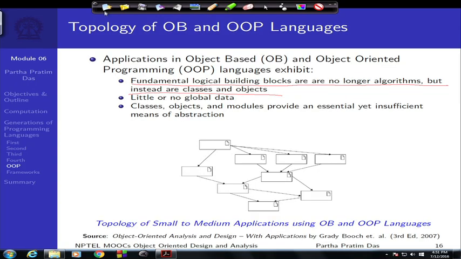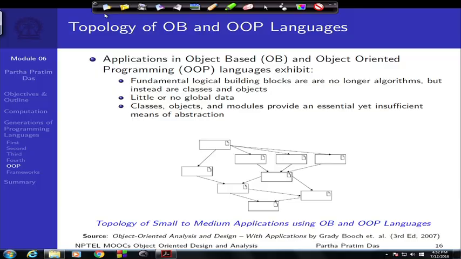There is very little global data. The data is more and more getting encapsulated in terms of objects. They are getting localized, getting inside the object, and classes, objects, modules provide an essential yet often insufficient abstraction. I mean, it's not always that classes, objects and modules can solve all issues of abstraction, but a significant amount of higher abstraction got created in terms of these languages.